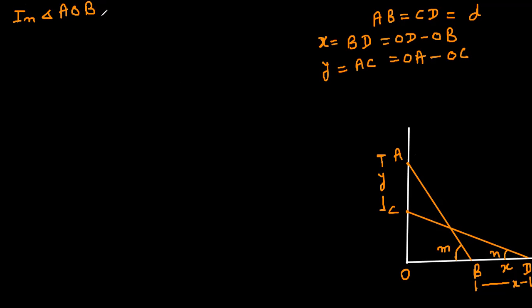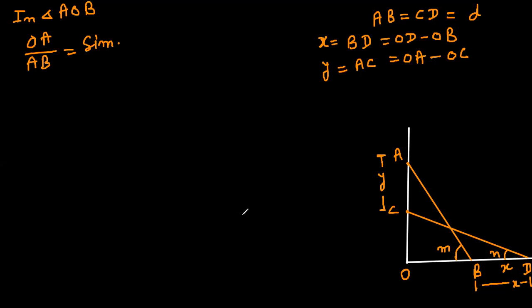Of course we can. We can say OA divided by AB, which is d, is equal to, OA is opposite to this angle m, so that is sine of m.